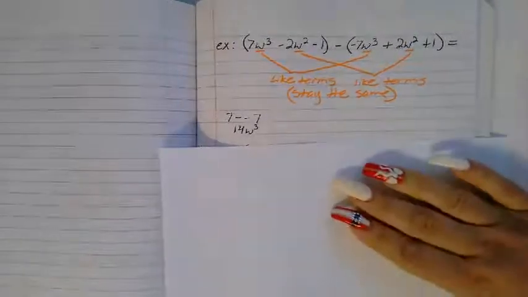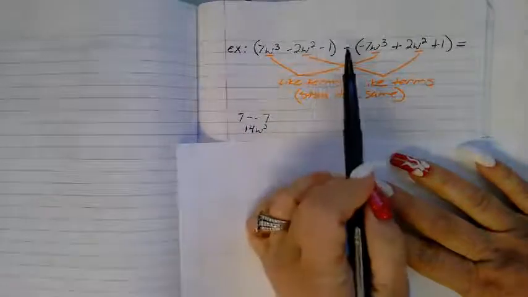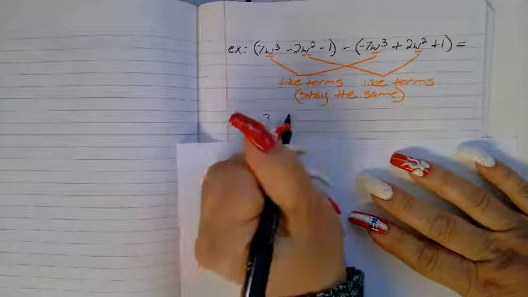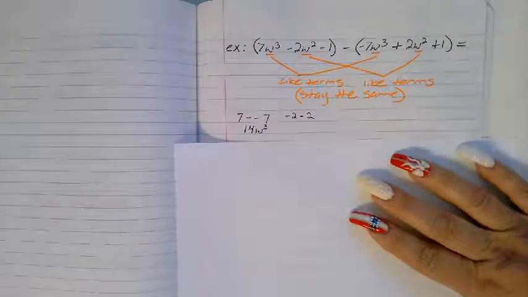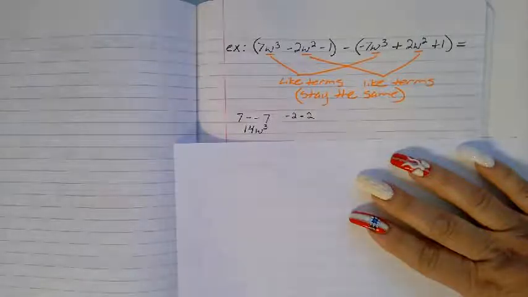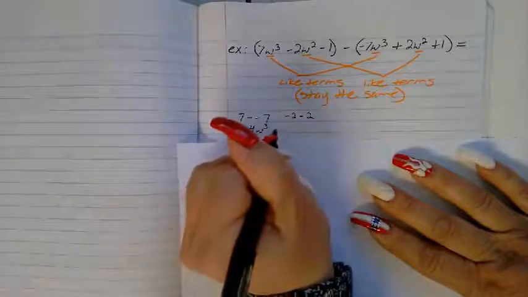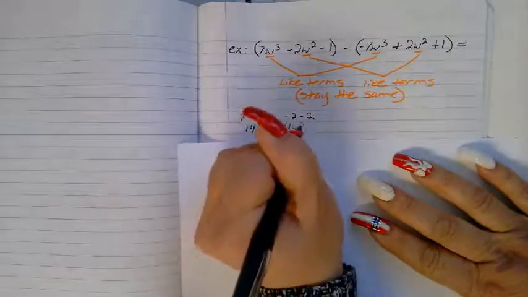Then we have a negative 2 minus a 2. So it would look like negative 2 minus 2, and that should give us what, guys? I see someone put it. Negative 4, so yes, you're right. So a negative 4w squared, because that's our like term and it stays the same.